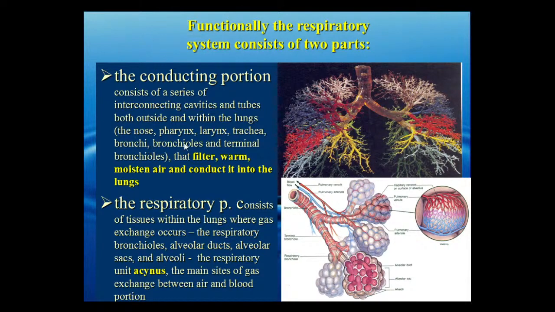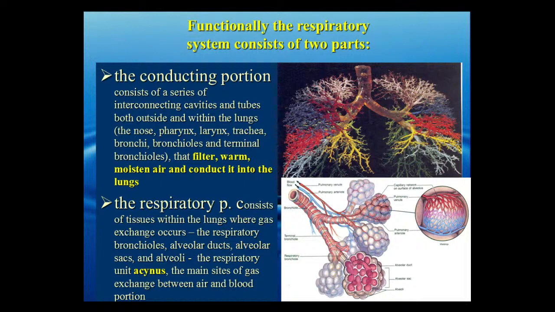It's nose, pharynx, larynx, trachea, bronchi, bronchioles, and terminal bronchioles. And the function of this portion of the respiratory system is filtration, warming, moistening of air, and conducting it into the lungs.